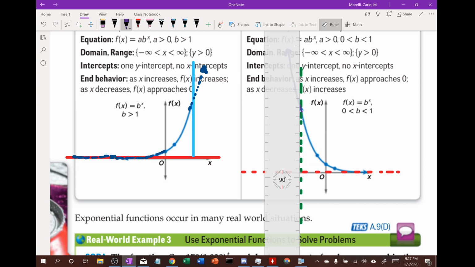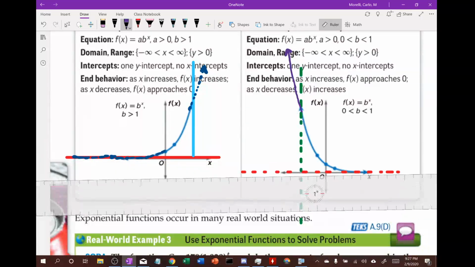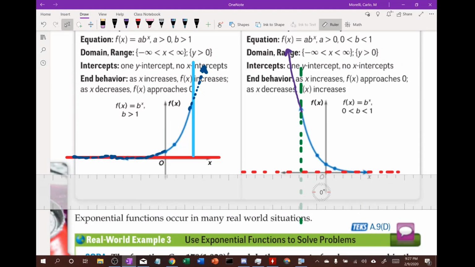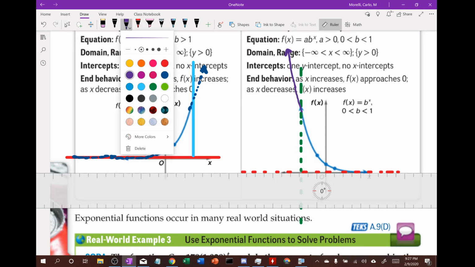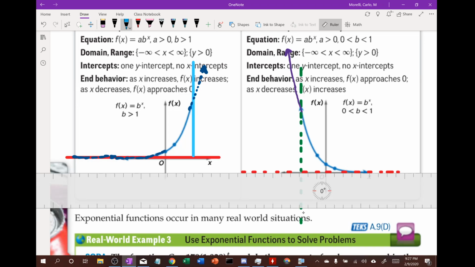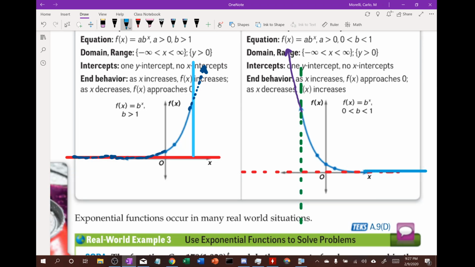But if I'm looking here at the red dotted line, then I can see that blue line is going to just get infinitely close to, but never below, ever, the red dotted horizontal line. So that means that this red dotted horizontal line at y equals 0 is an asymptote. Okay.